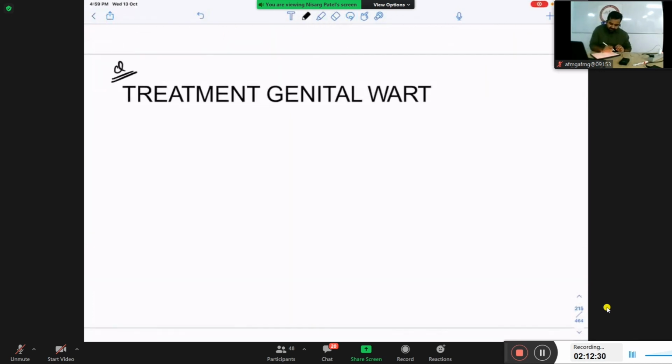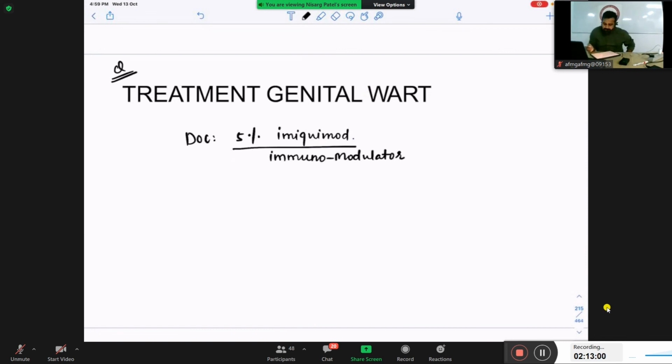You will see many MCQs asked on the treatment of the genital wart. Drug of choice is 5% imiquimod. It is an immunomodulator.